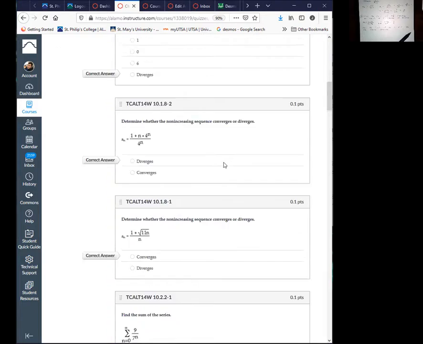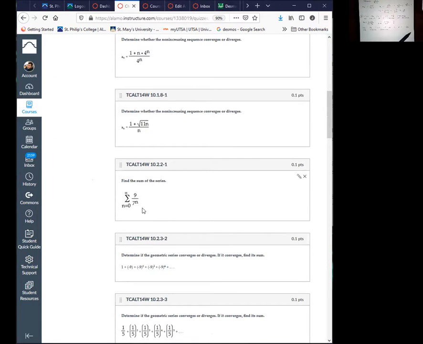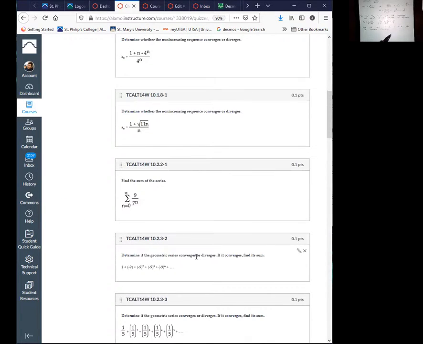So let's move on to series. So this guy, just find the sum of the series. Since it's a geometric, you can apply the geometric sum formula, and you'll be done, as long as r is less than 1.